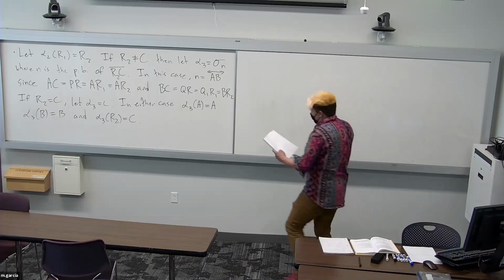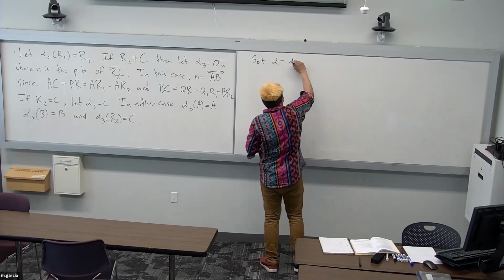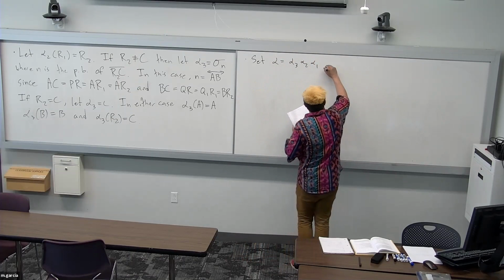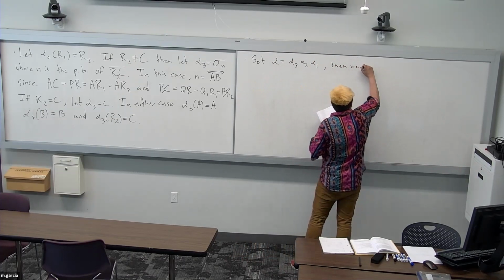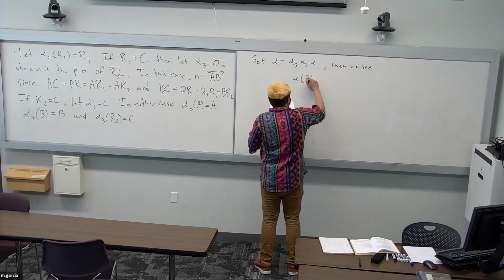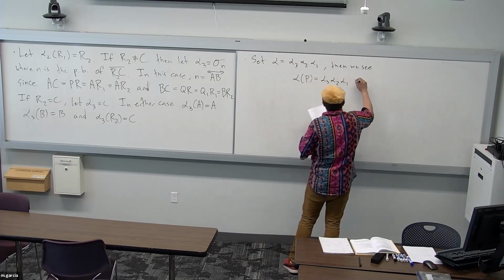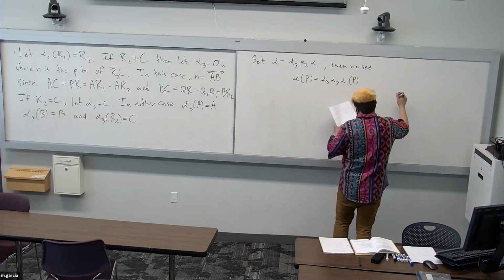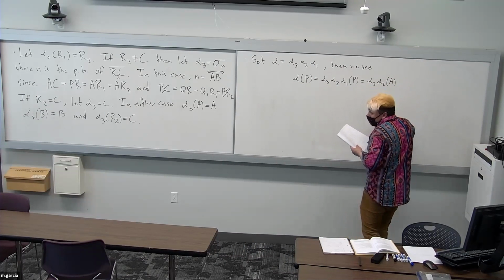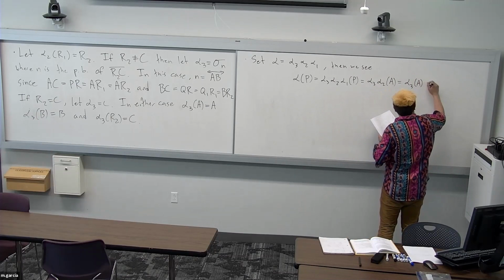Okay, so we set alpha equal to alpha 3, alpha 2, alpha 1. Then we see alpha of P is equal to alpha 3, alpha 2, alpha 1 of P, which is alpha 3, alpha 2 of A, right? Which is alpha 3 of A, which is just A.